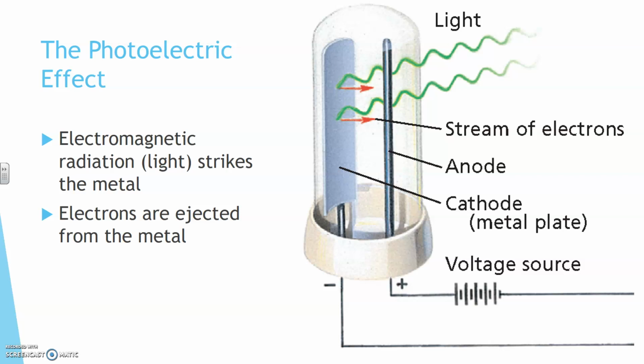So basically the light comes in, knocks some electrons off the metal, and then you get a stream of electrons coming off of the metal. Then, because they have an anode in this contraption here, the electrons get attracted to the anode, and that creates a voltage source.